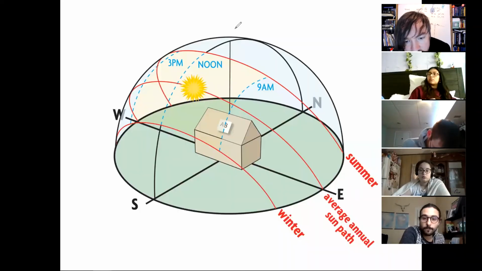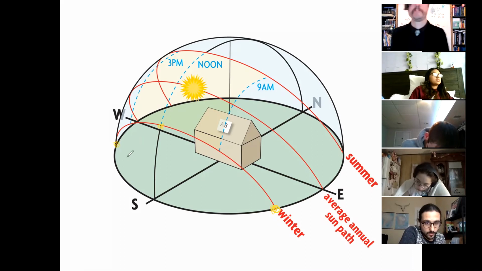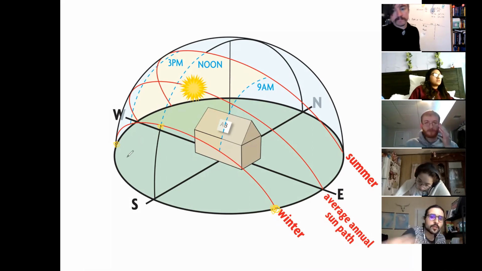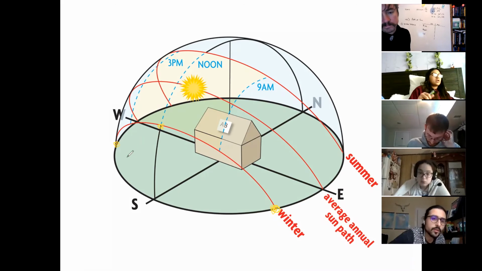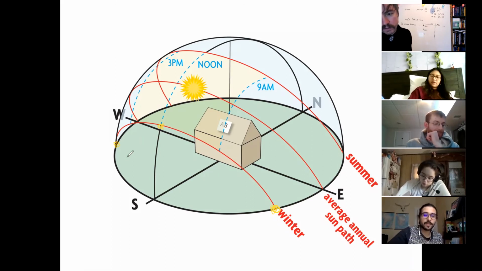Okay, can you guys give me this last one? I want the altitude and azimuth of these 3 points. Anyone?